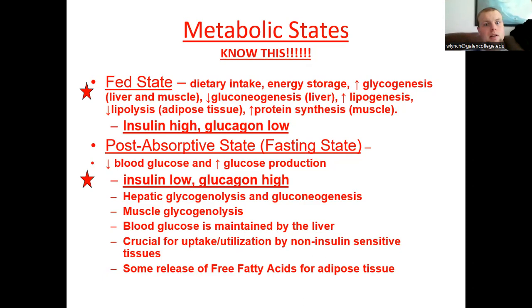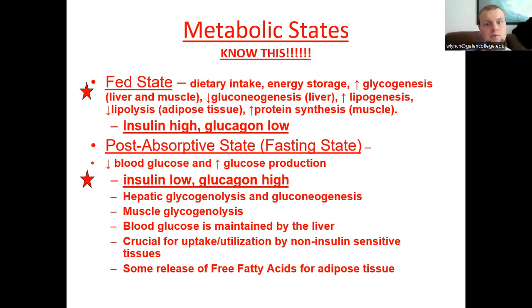Glucagon is going to be stimulating hepatic processes of glycogenolysis and gluconeogenesis. Muscle glycogenolysis is also going to be taking place. Blood glucose, again, is maintained by the liver. We have insulin and glucagon being secreted from the pancreas, and then we have blood glucose maintenance by the liver.